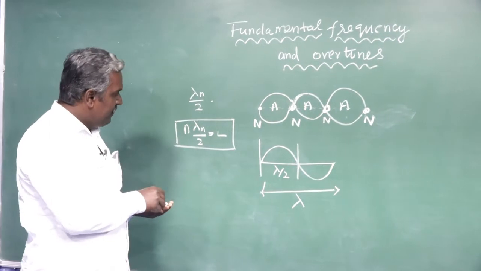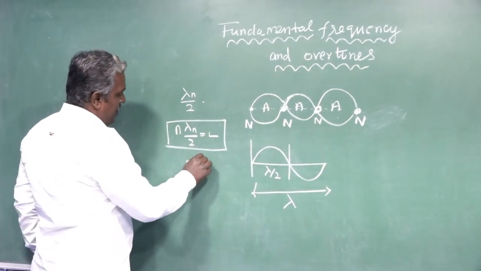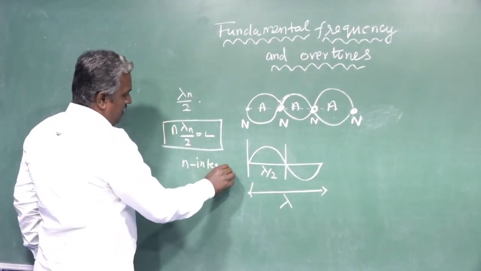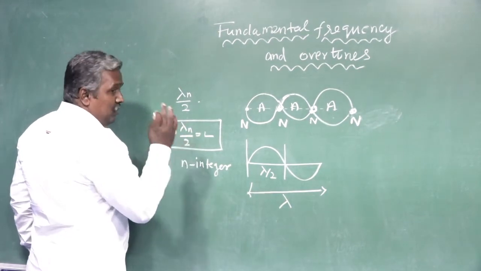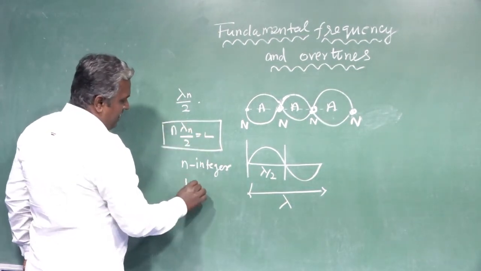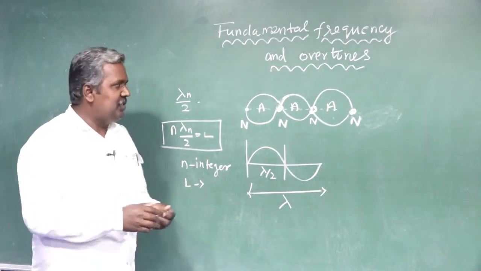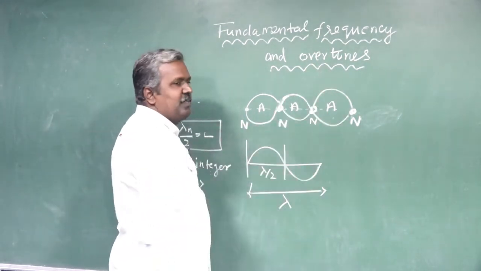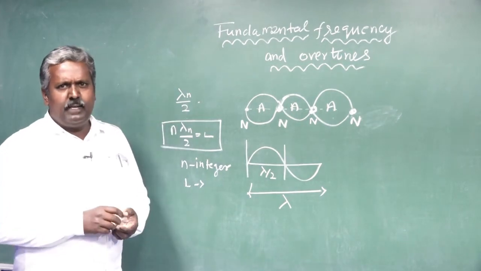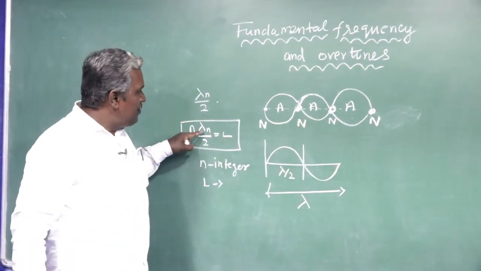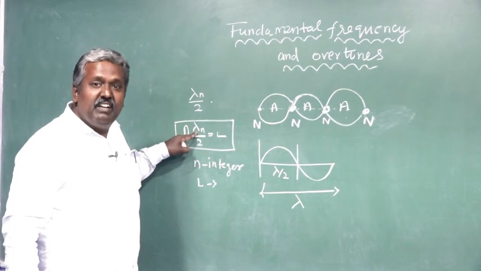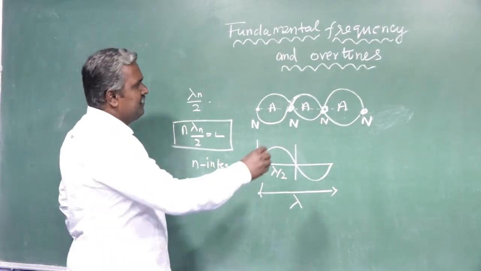Integer. L means the distance between two boundaries. And what is meant by lambda n? Specific wavelength.